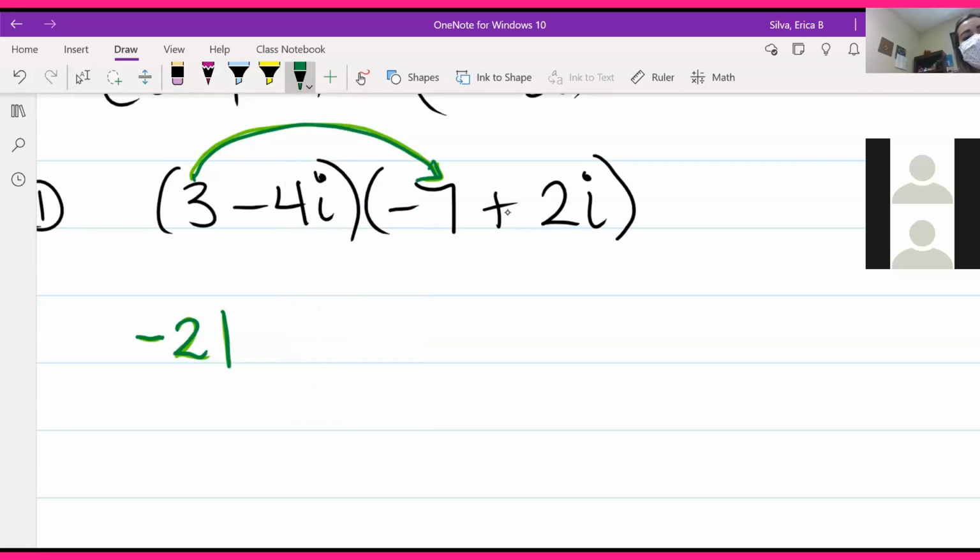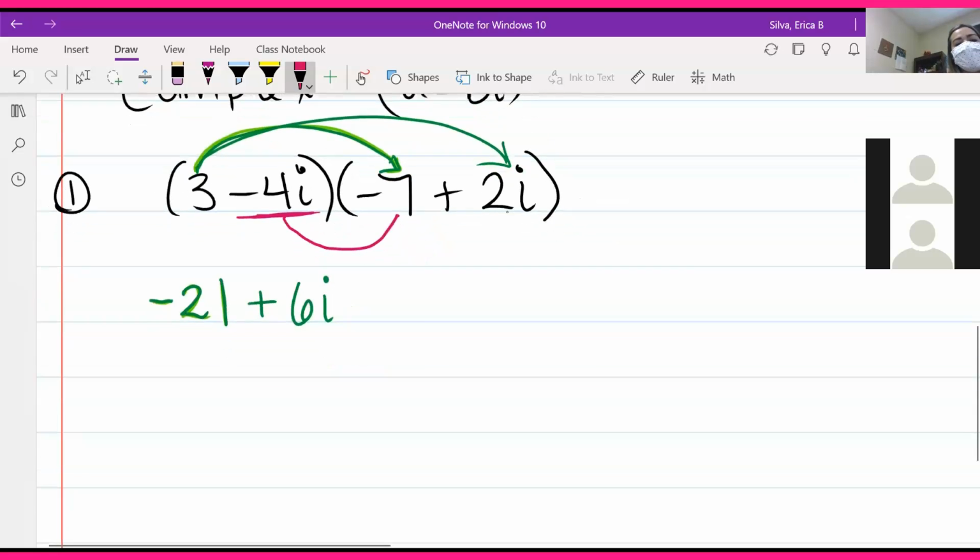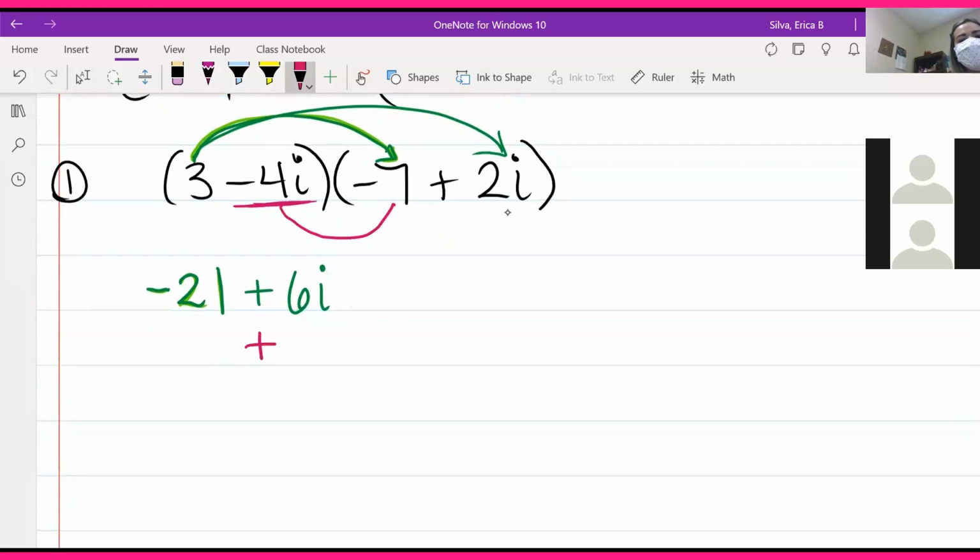Then we're going to do the same thing, the 3 times 2i, which gives us a positive 6i. -4i times -7, and notice how I'm going to put it under the one that's going to have an i also. So this is positive 28i. And then -4i times 2i gives us -8i squared.